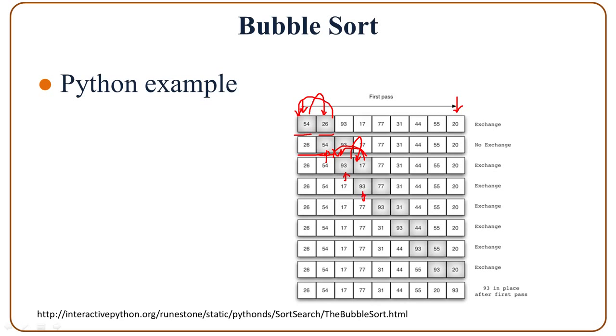Moving next, 93 now being compared to 77. 93 is greater than 77, so here we switch it again.